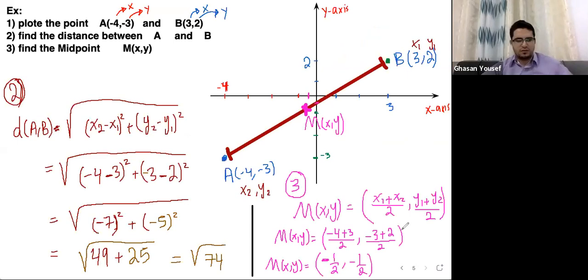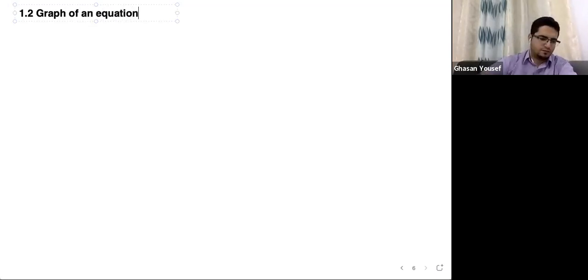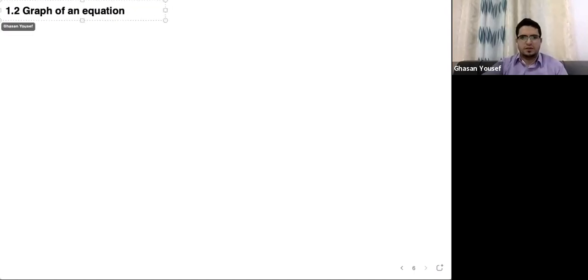In the new section you have to know how to graph. So 1.2, graph of an equation.